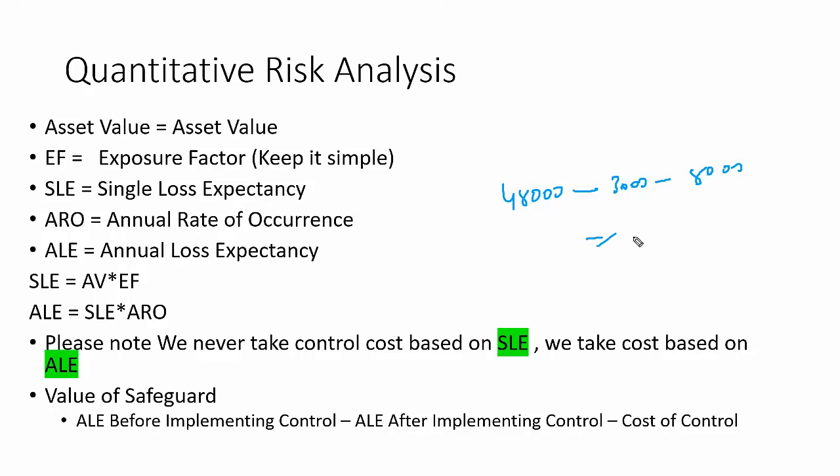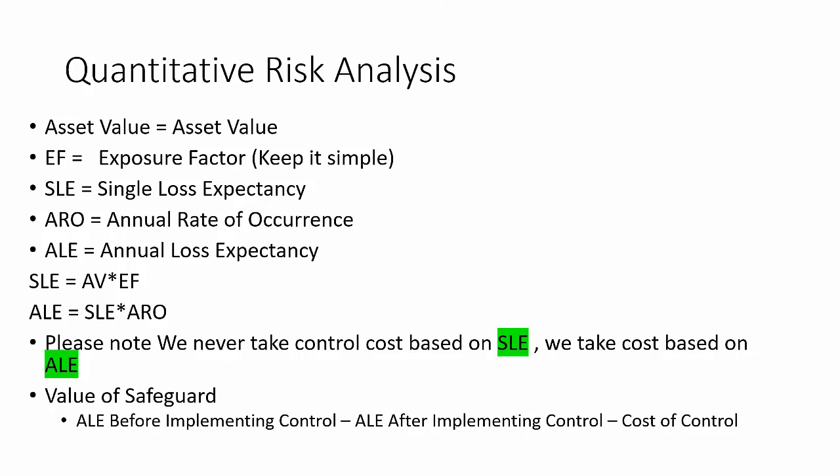Whatever value is left, that is the value of the safeguard. Clear? So 48 minus 11, so $37,000 is the value we have achieved from this particular control. That is how you can measure the value of the safeguard, but you can get that only after a year. So this is the quantitative way of analyzing a risk.